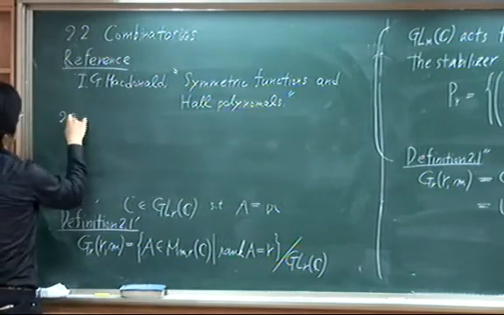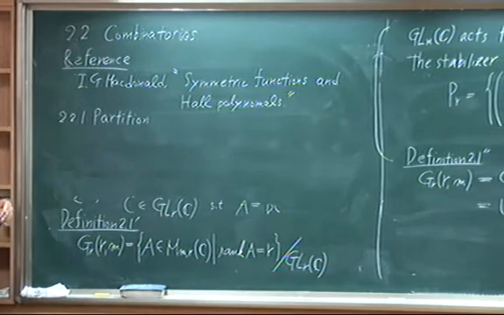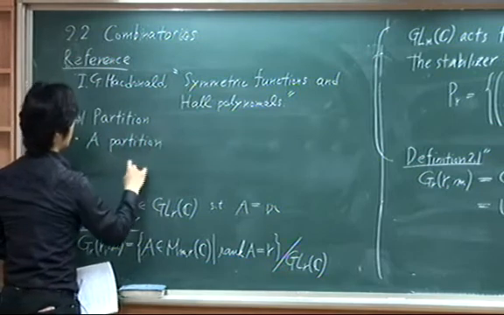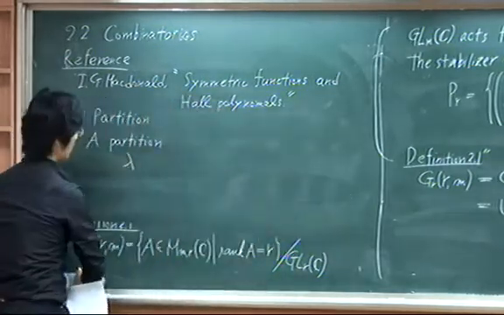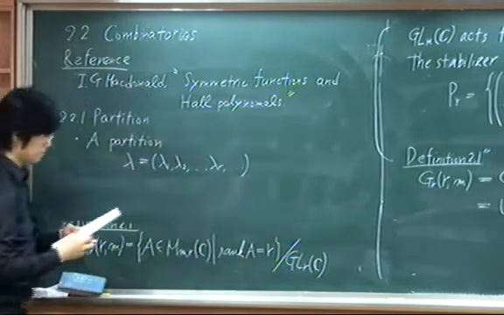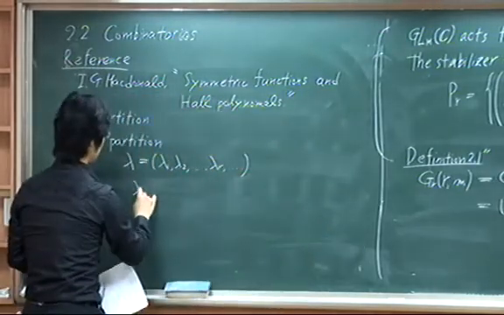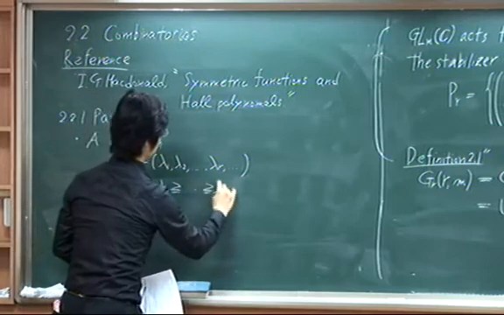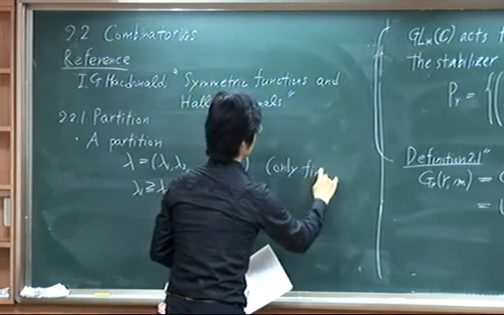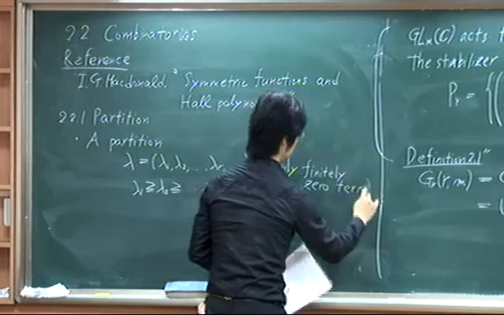First, I will introduce partitions. A partition is usually denoted by a Greek letter lambda or mu. It is a non-increasing sequence of non-negative integers, with only finitely many non-zero terms.